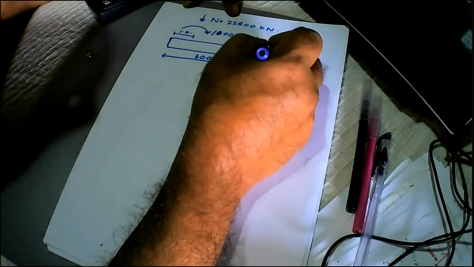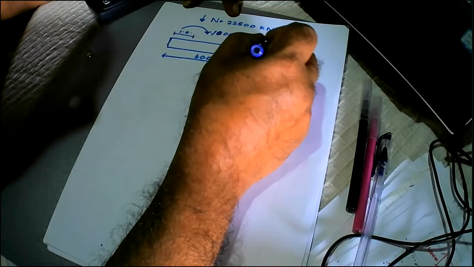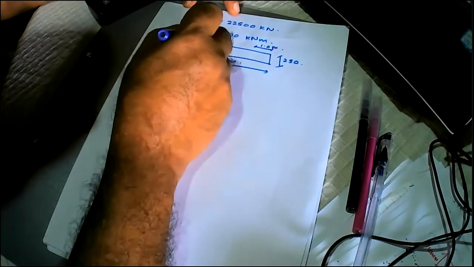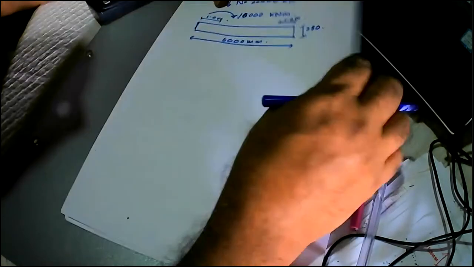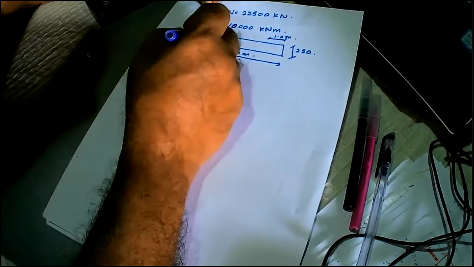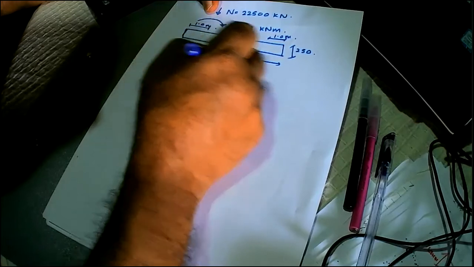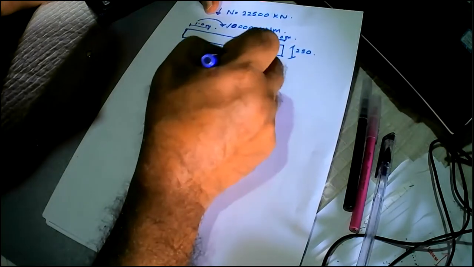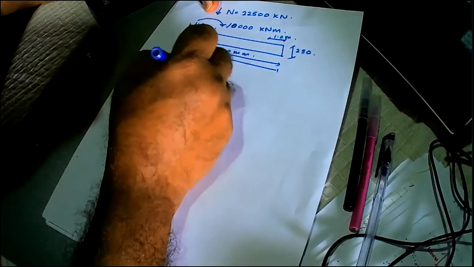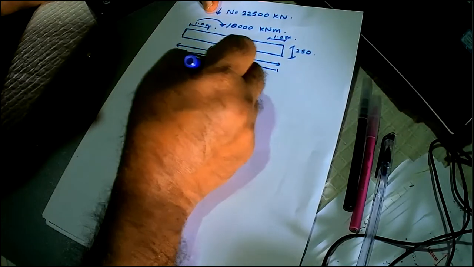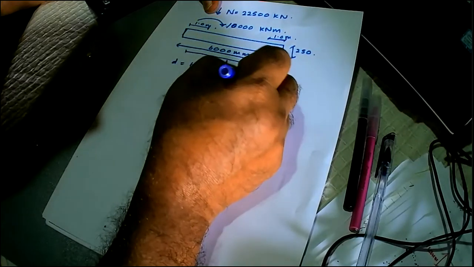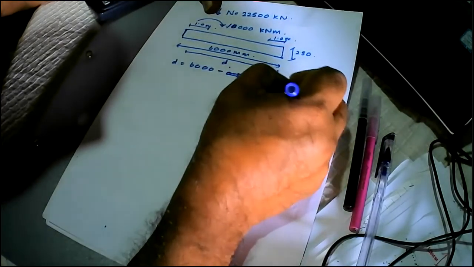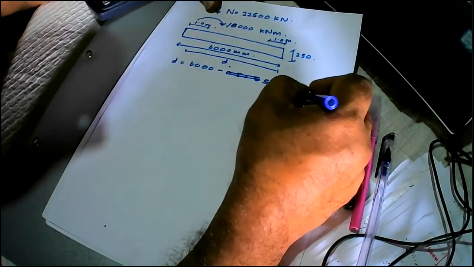So at each end, we are going to get a concentration of reinforcement over a length of 1 meter. And then we can find the distance to the centroid, that is D, equal to 6,000 minus 500, and this will be 5,500 millimeters.